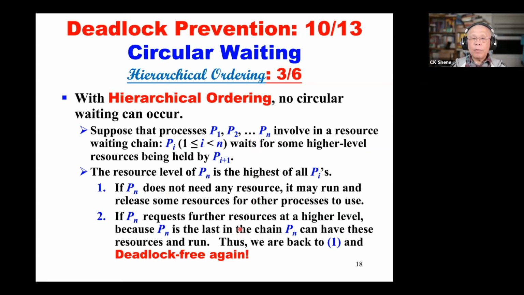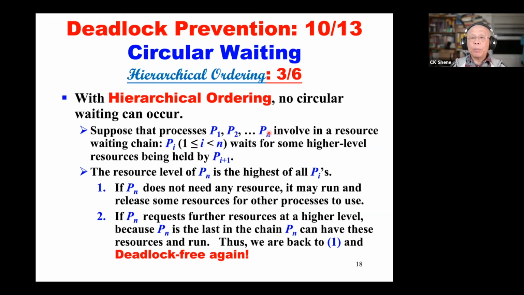Now, what if Pn, whose resource is at the highest level, requests further resources at an even higher level? Because Pn is the last in the chain, this higher level resource cannot be owned by P1, P2 to Pn-1.